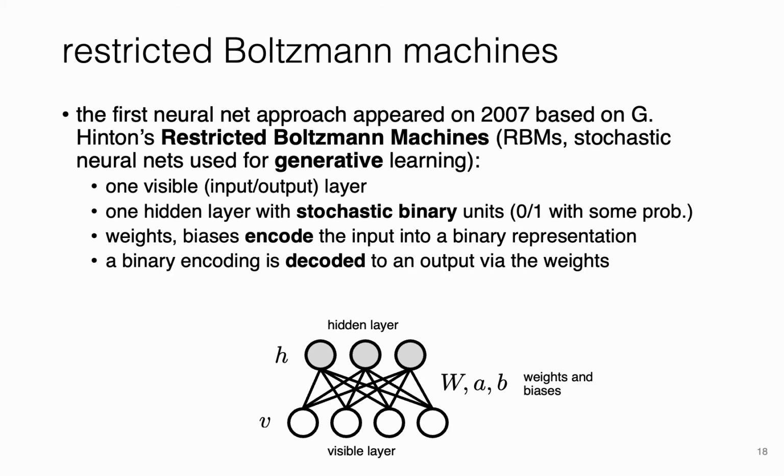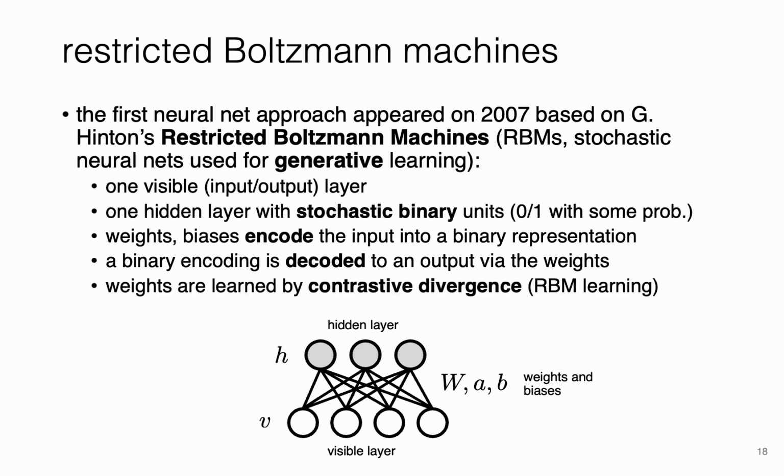In the opposite direction, they also decode a binary representation into an output. The learning process in RBMs, that is to learn the weights and bias terms, is called contrastive divergence and is quite different from backpropagation or gradient descent used in regular neural networks.